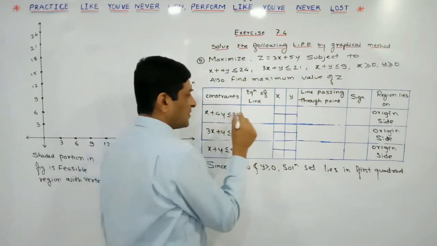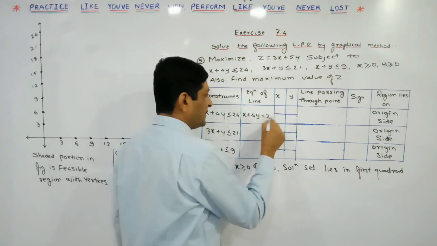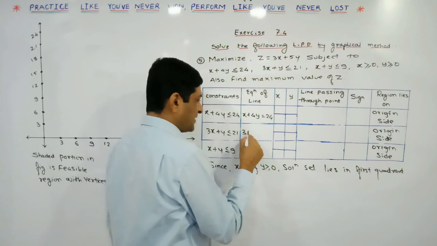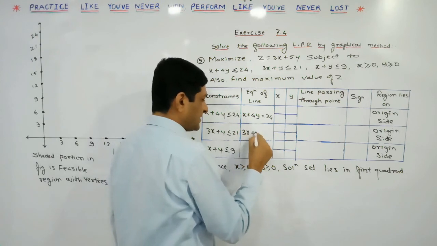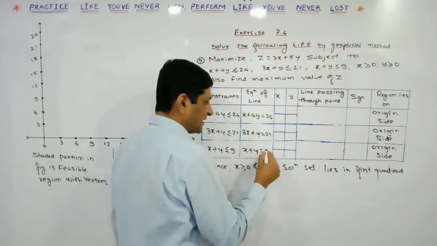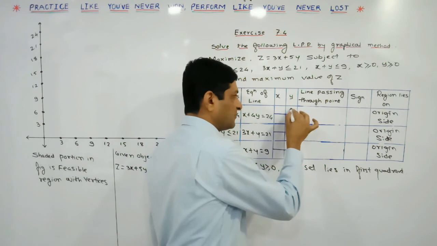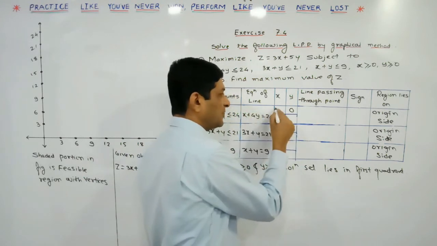So here from these constraints, first find the equation of each line. From the second constraint, what line are we getting? 3x plus y is equal to 21, and here we will get x plus y is equal to 9. Find the coordinates of 2 points on each line. If I substitute y is equal to 0, here x will be equal to 24.